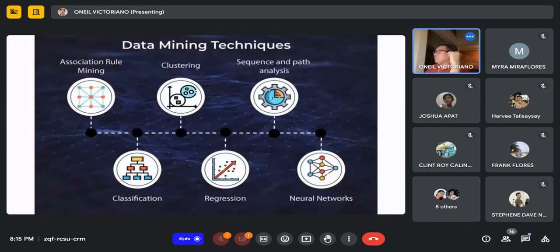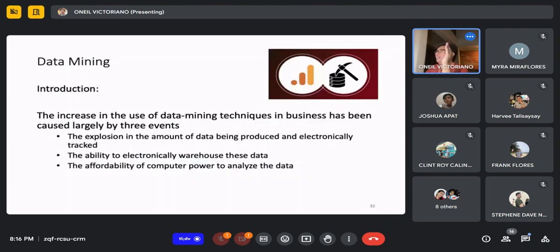So these are examples, and from these use cases, you have different data mining techniques. We have association rule mining, clustering, classification, regression, neural network. These are data mining algorithms, but we'll only have very little examples.